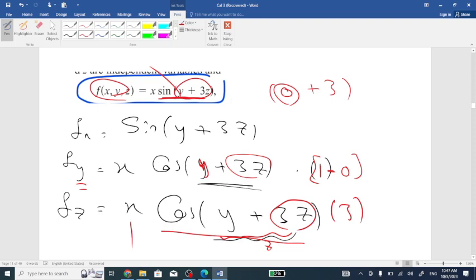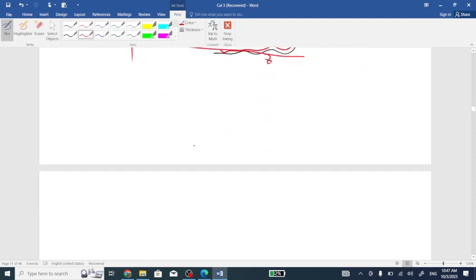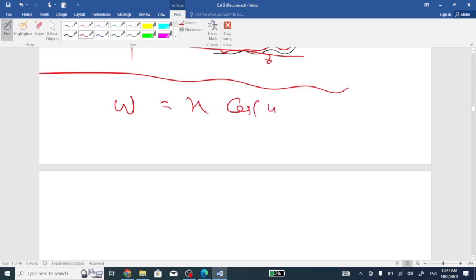For example, W equal to X cosine... You got it?